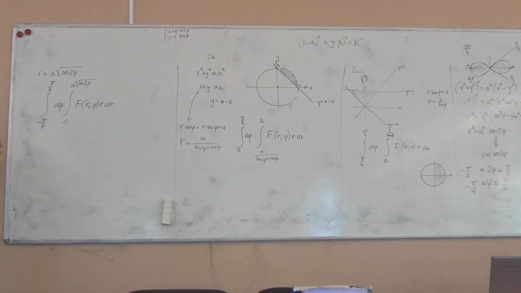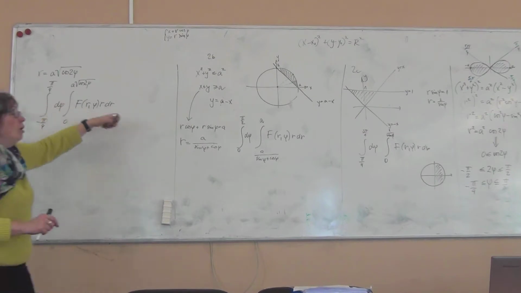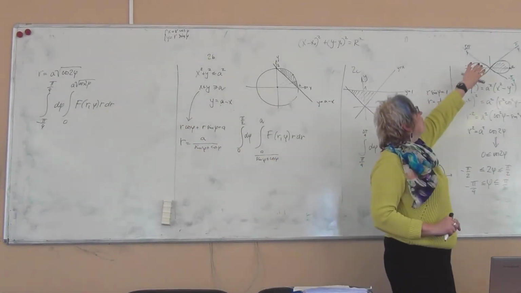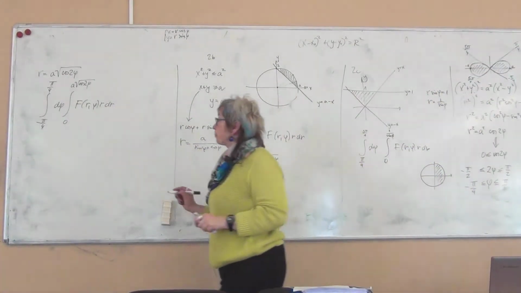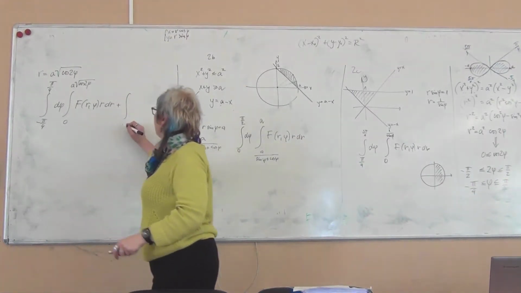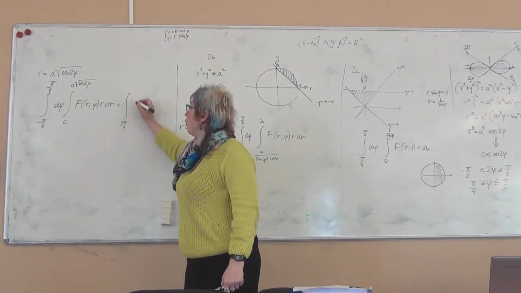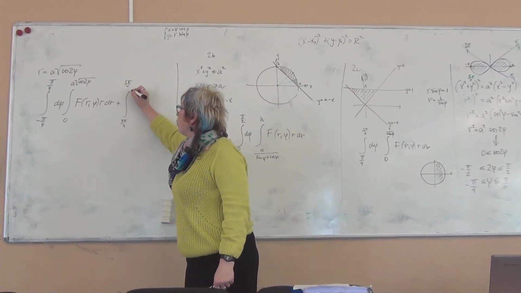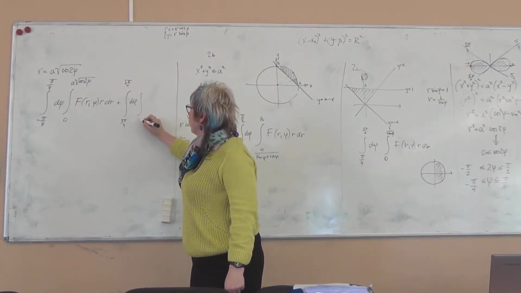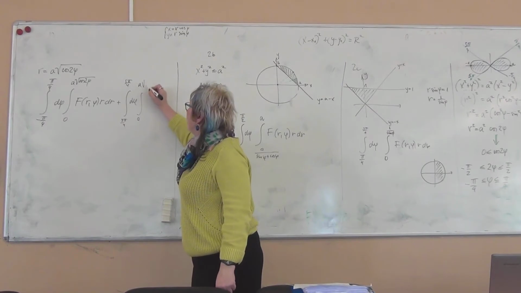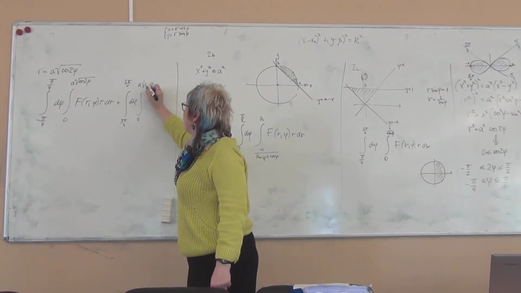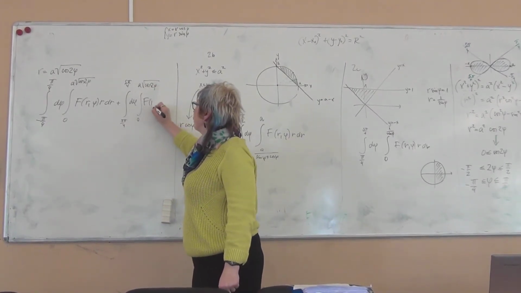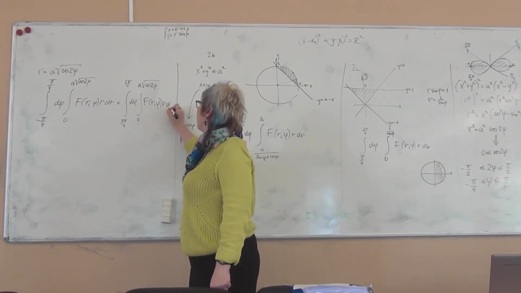And then we have to do this once again, but for the boundaries from, for example, 3 pi over 4 to 5 pi over 4, so that we cover this part. So plus the integral from 3 pi over 4 to 5 pi over 4, d phi, from 0 to a square root of cosine 2 phi, f(r, phi) r dr.